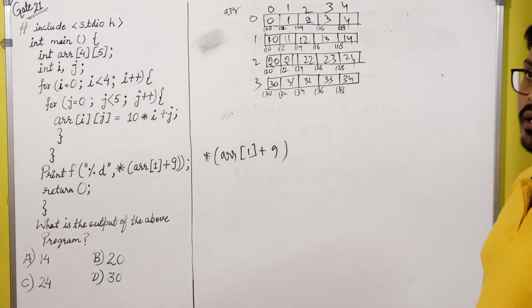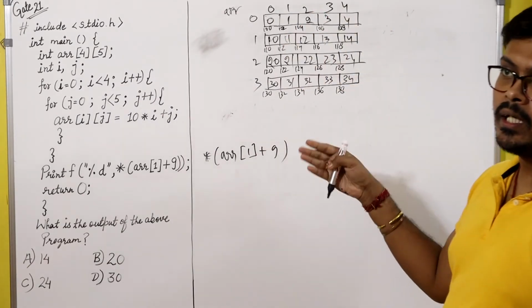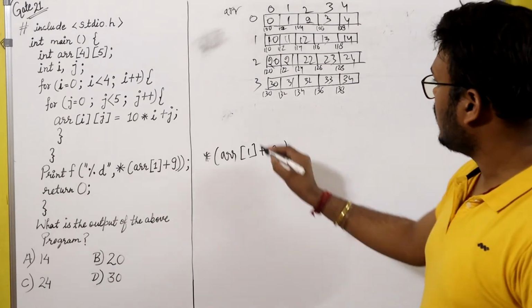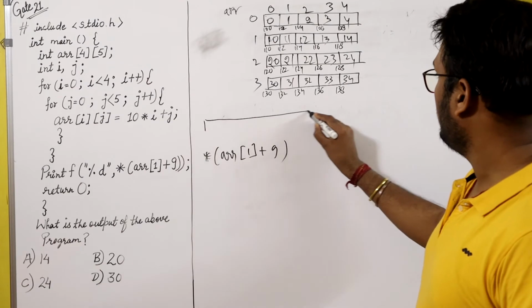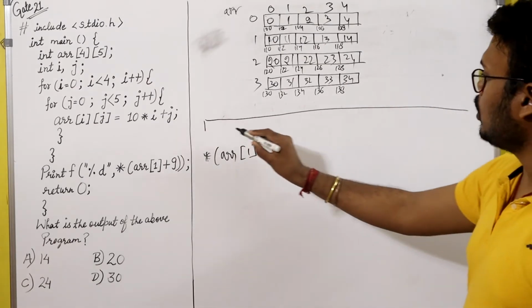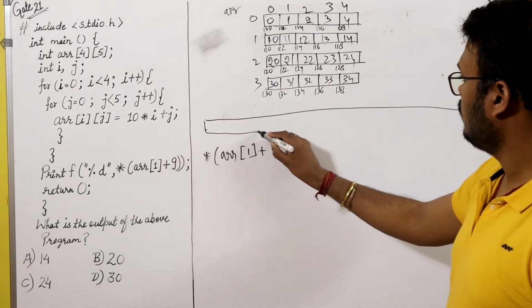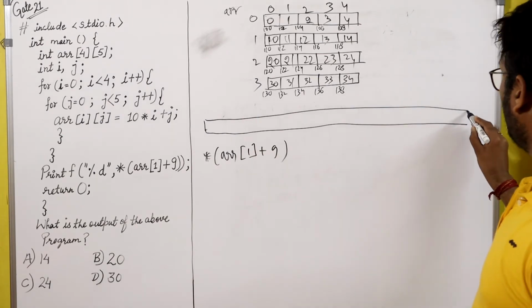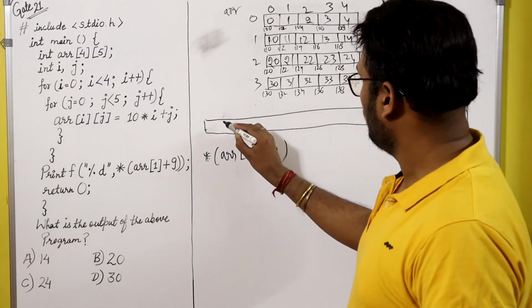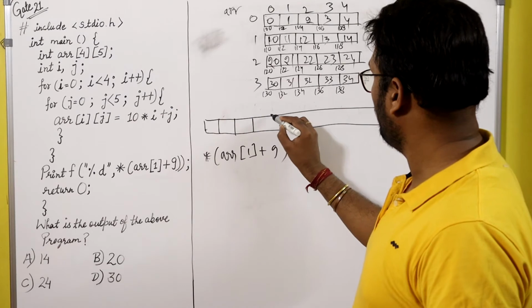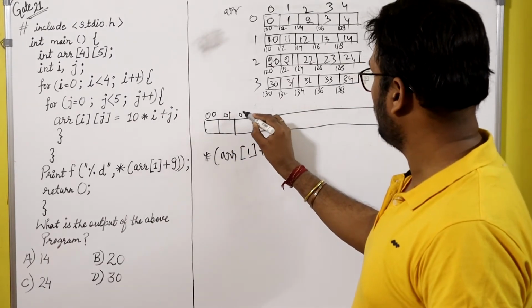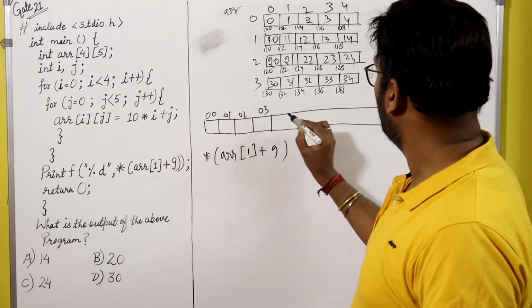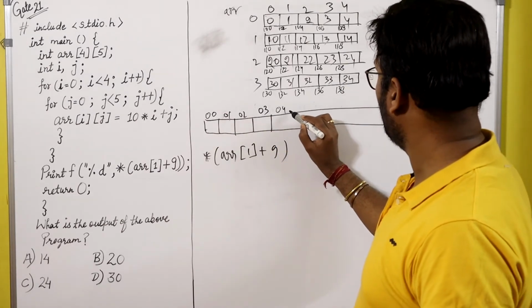in the memory, this array will be represented like this. Let me draw here. In the contiguous block. This one is 0 0, then 0 1, then 0 2, then 0 3, then 0 4. Fine.